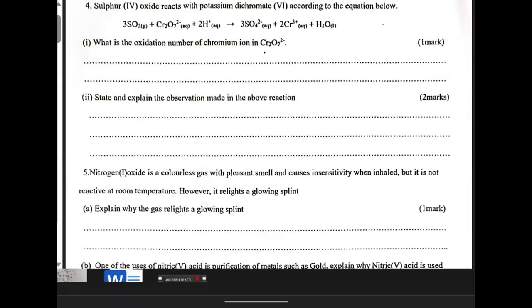To mean that if you take the oxidation number of Cr and you add the oxidation number of oxygen, their total oxidation number should be -2. And because we are calculating the one for chromium, how many chromium are there? 2. So 2 Cr plus, what is the oxidation number of oxygen?